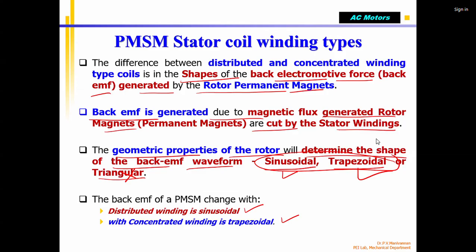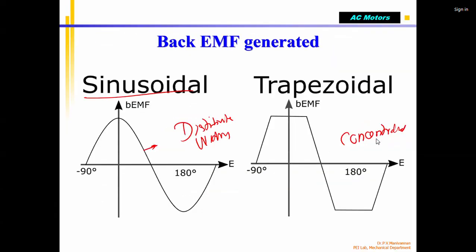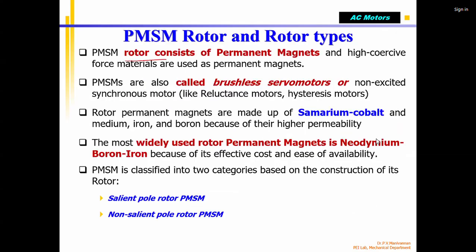If it is trapezoidal, high torque can be generated, but more copper and core loss will be there. But if it is distributed winding, a sinusoidal type of back EMF will be created. In that case, this will be smooth, with less losses, and the torque generated will be lesser compared to trapezoidal winding. So based on that, you can decide.